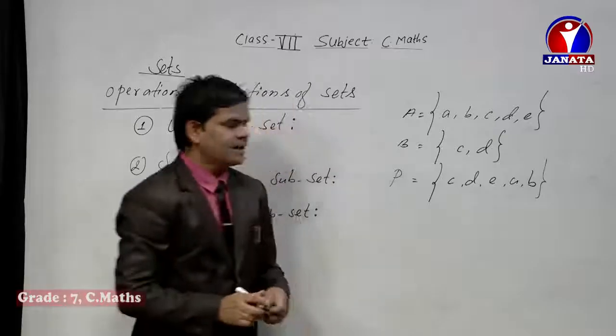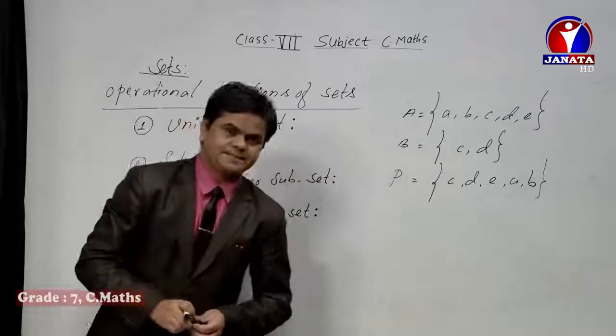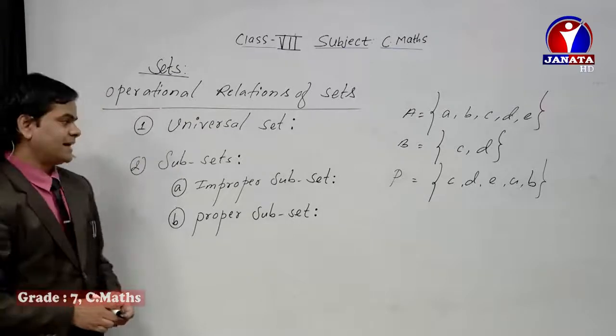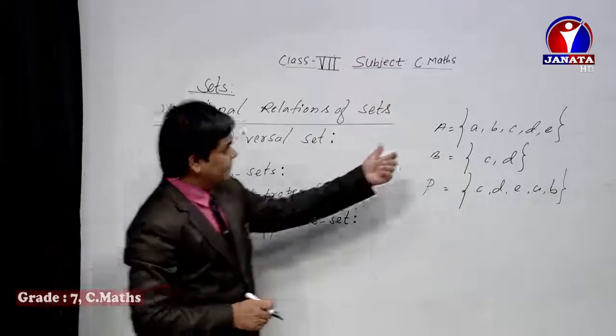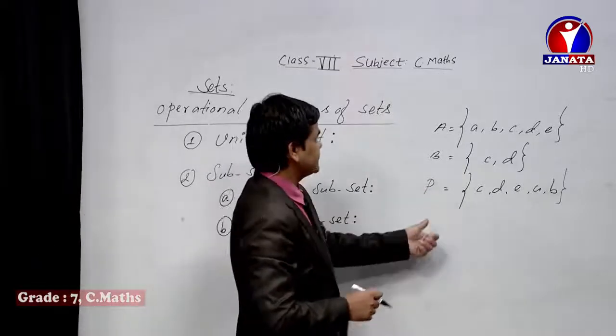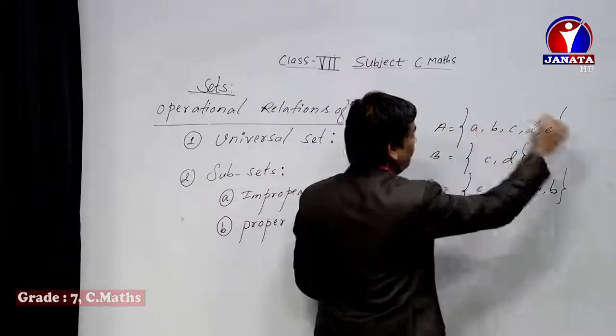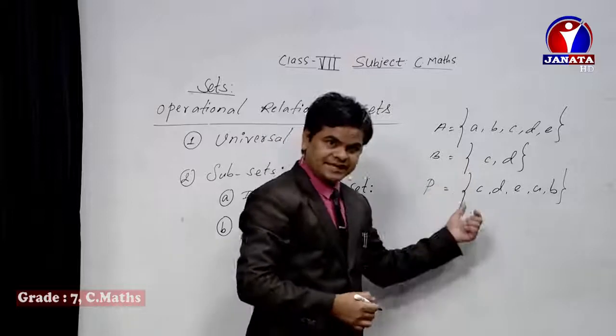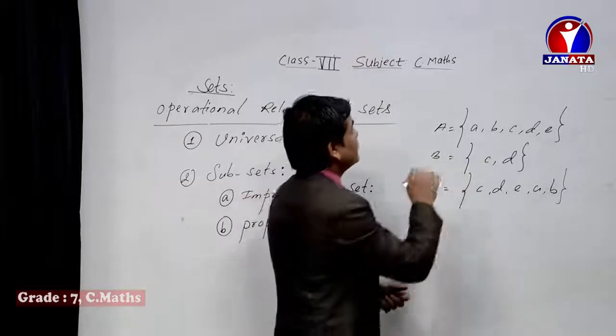That's the rule of writing the elements of a set in the listing method. For determining the whole information of these three subsets, let's keep a universal set.